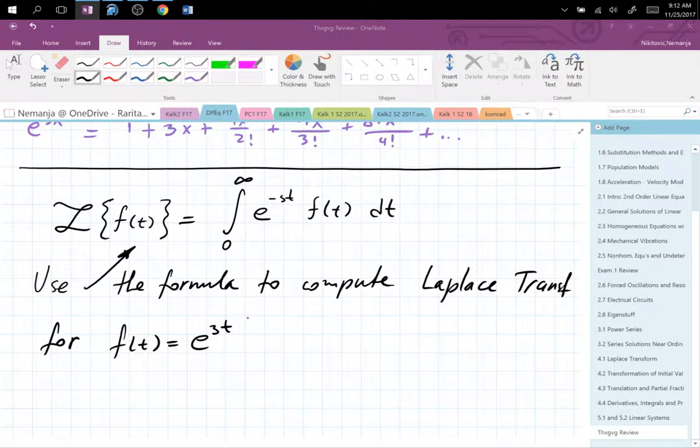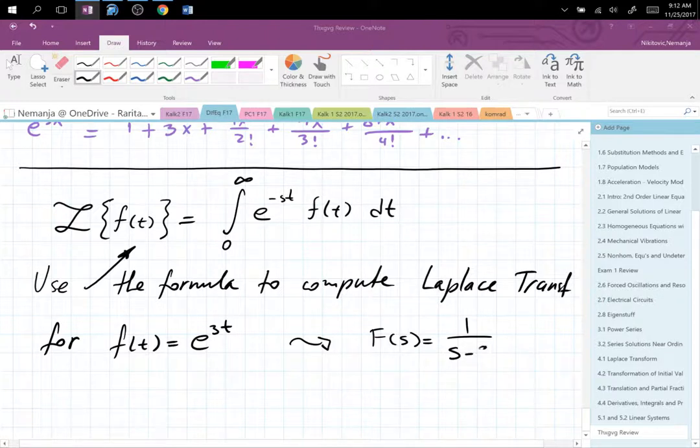Now, because you have tables, you would go into tables, you would use your eyes to look at the tables, and you would find that the Laplace transform for this, F of s, is 1 over s minus 3. So you would just write that and the problem is done.